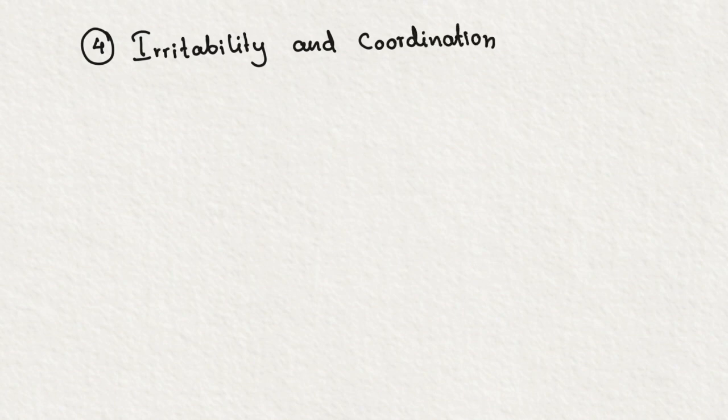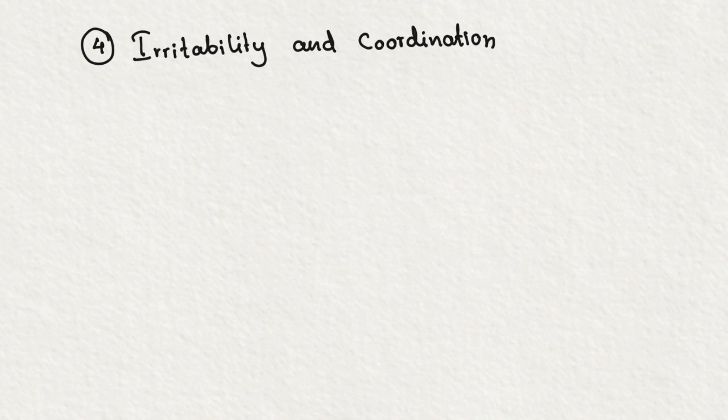Then the fourth one, irritability and coordination. So irritability is the ability to respond to stimuli from both internal and external environment. So irritability is actually like the sensitivity.